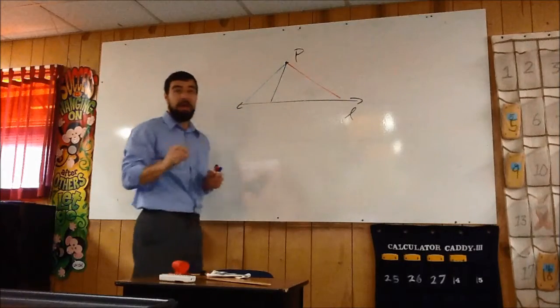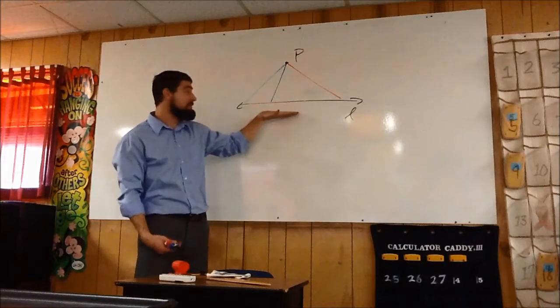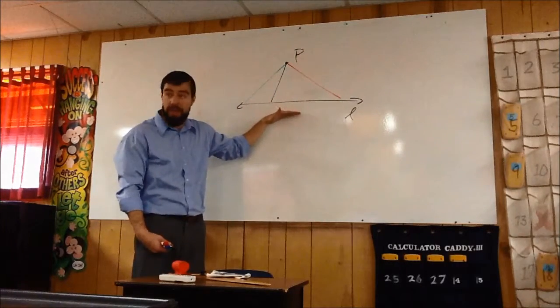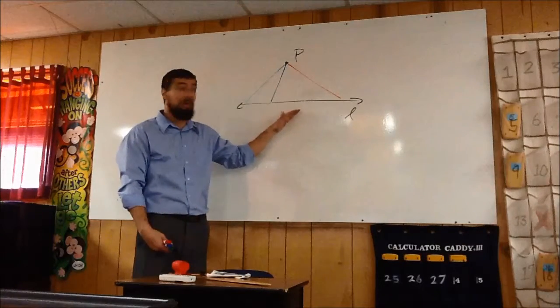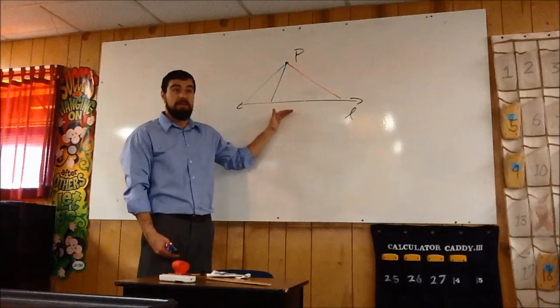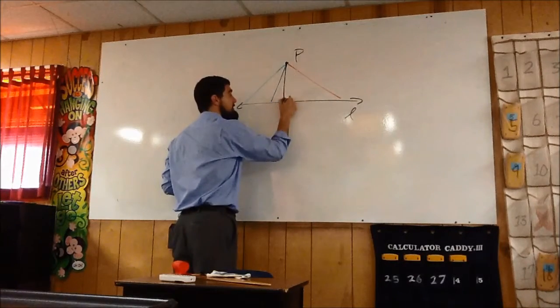Whenever you're talking about the distance from a point to an object, like a line, or a ray, or a segment, or a side of a triangle, or a side of an angle, or a plane, it has to be the perpendicular distance.